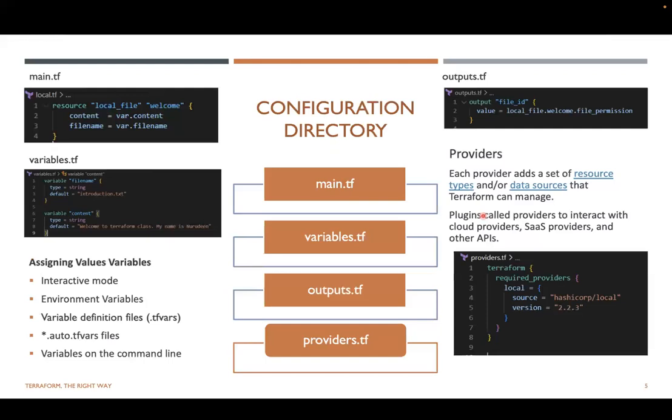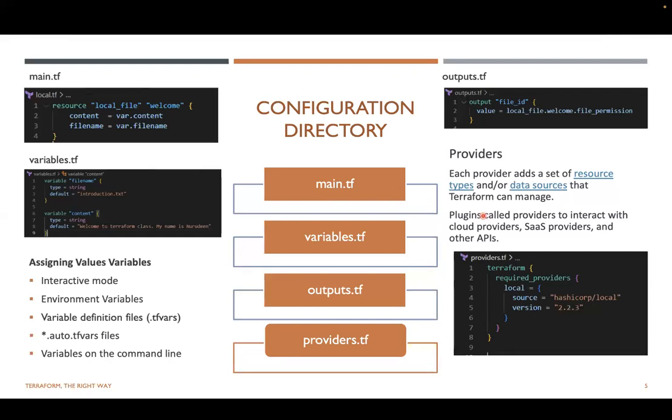Now, Terraform configuration directory. How does a Terraform configuration directory look like? In a Terraform configuration directory, we have 4 types of configuration files.